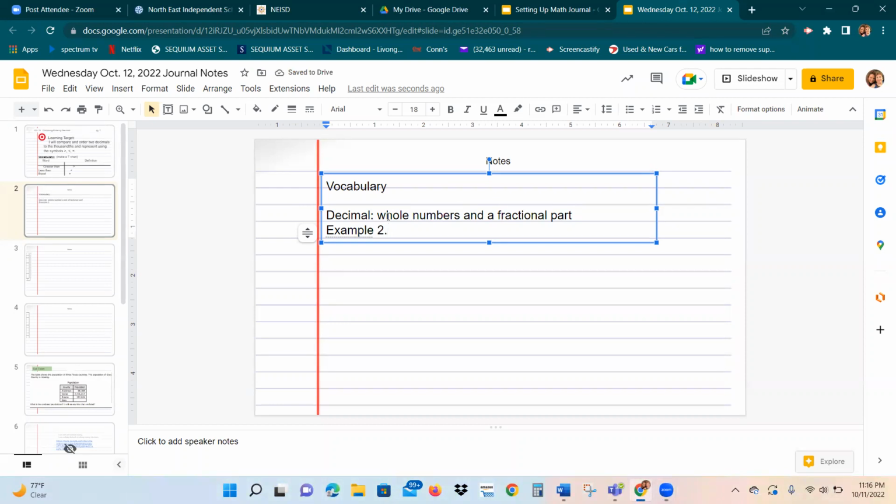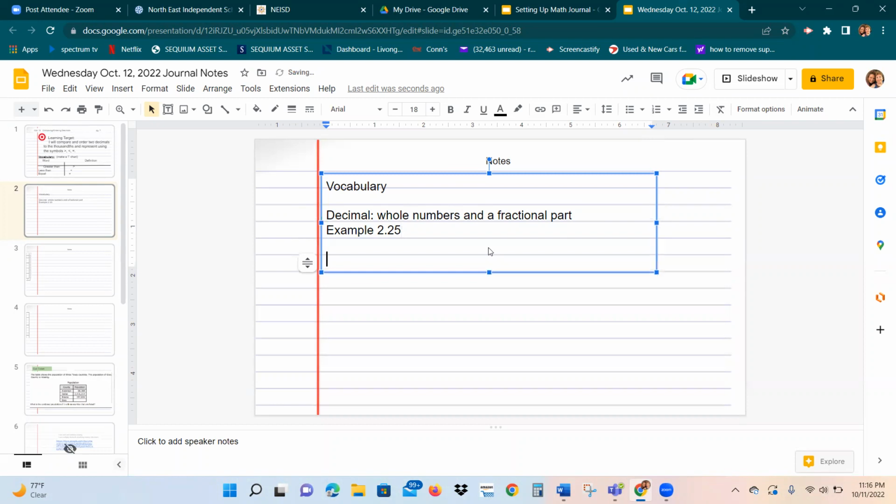That separates the whole numbers and the fractional part. And if I have 25 hundredths, that becomes a decimal number. I should put whole number or whole numbers and a fractional part. So that gives an example.